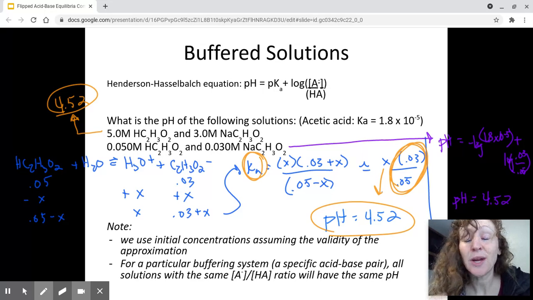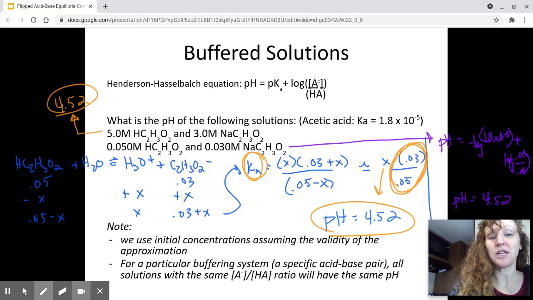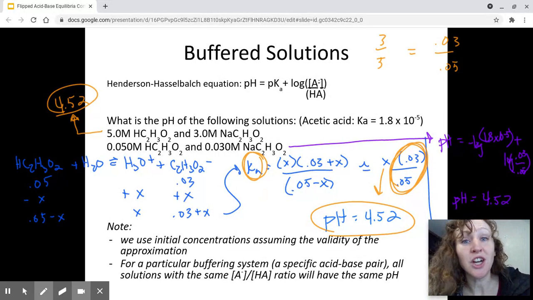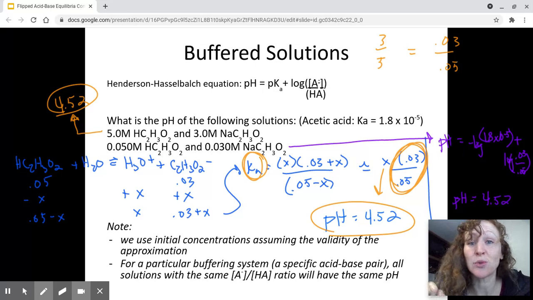And the ratio is the same for each of them. Also, 3/5 is the same ratio as 0.03 over 0.05. So ratio determines hydrogen concentration, right? That is our concentration tie-in. But notice it's the ratio that matters, not the actual concentration.